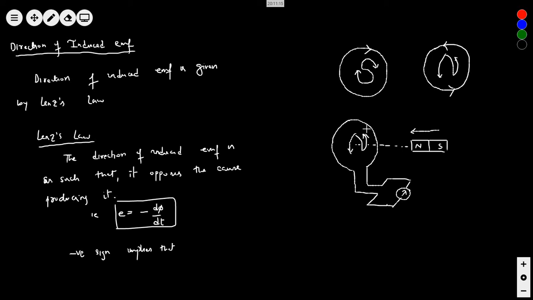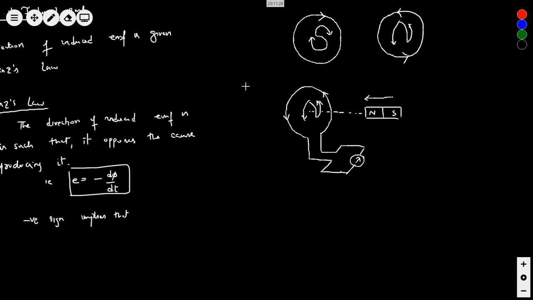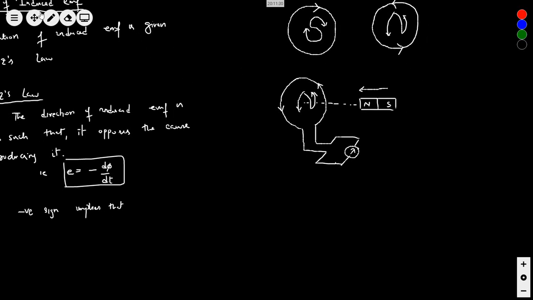So the direction of current should be anti-clockwise. Understood? Yes, sir. It's a very important concept, and again we will use a different law to understand this, but right now this is the easiest one.